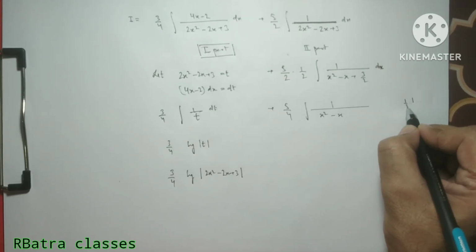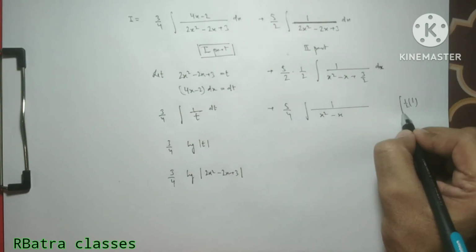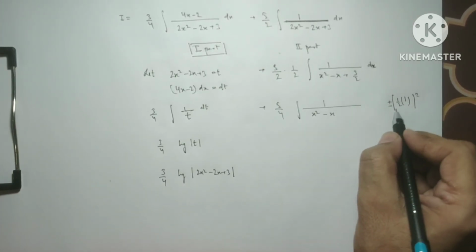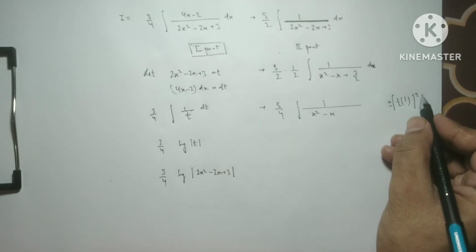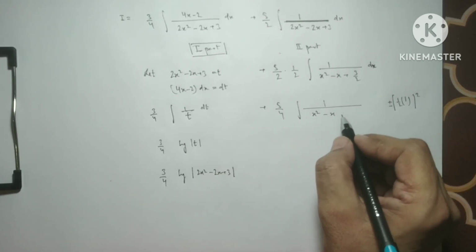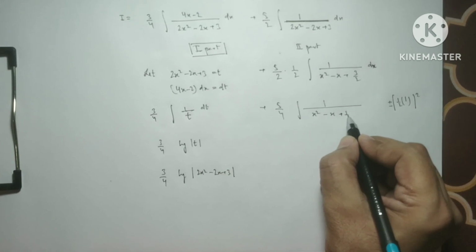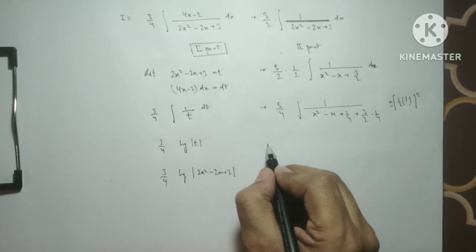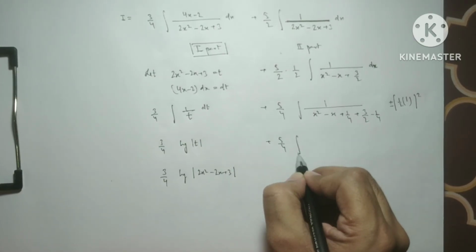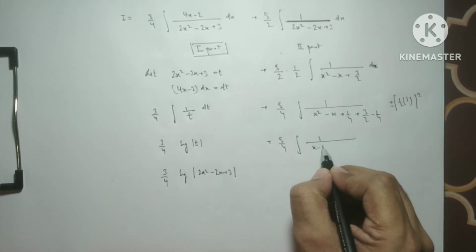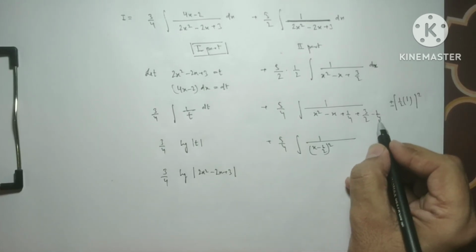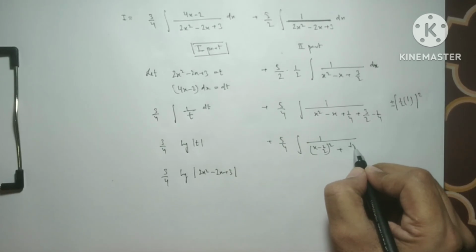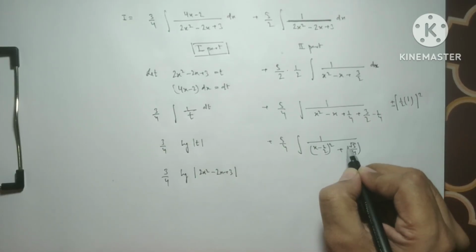We take half of it and square it, and add and subtract. So it is 1 by 2 squared, this is 1 by 4. So we add 1 by 4 and we subtract 1 by 4. Right now this becomes 5 over 4, x minus half square, and this becomes 5 over 4, means root 5 over 2 square.